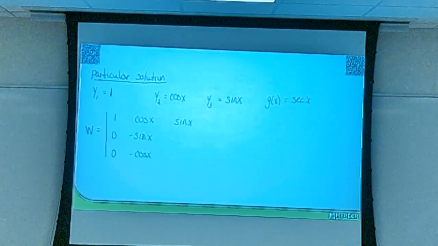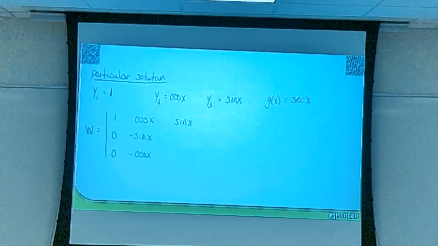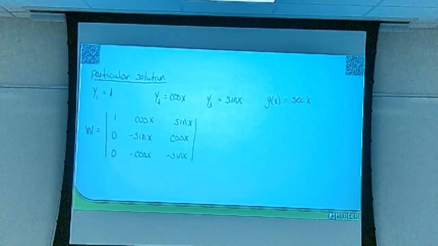Y3, Y3 prime, and Y3 double prime. That determinant. Cofactor expansion makes this extremely easy. Just expand along the first column. You get 2 zeros.